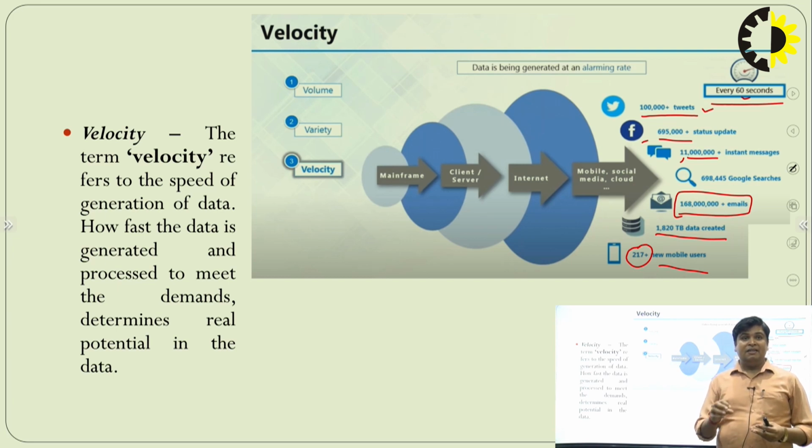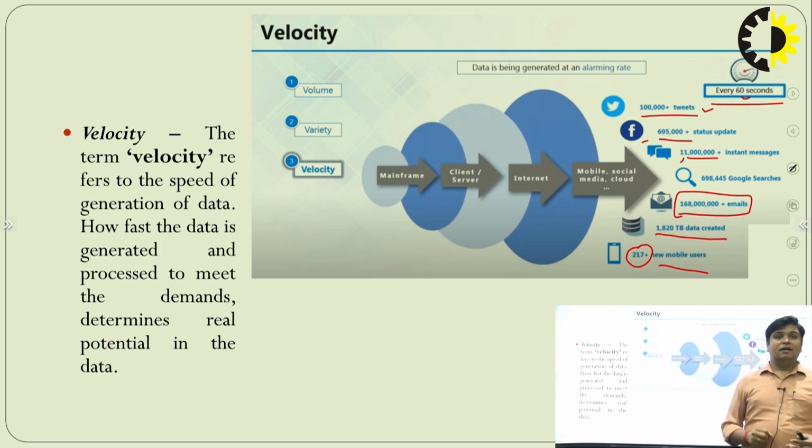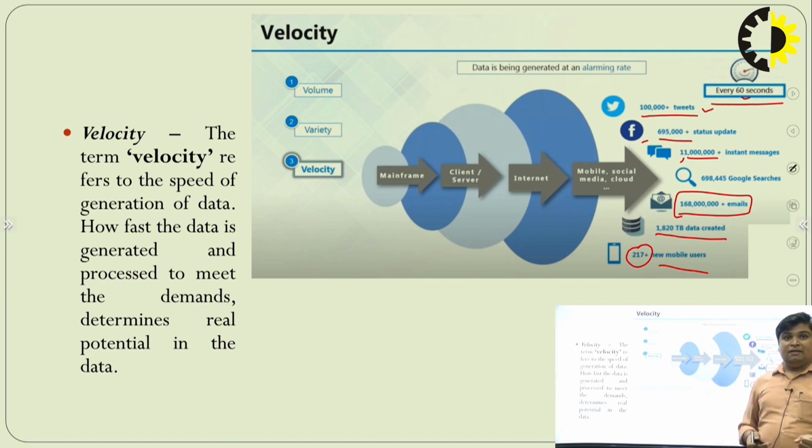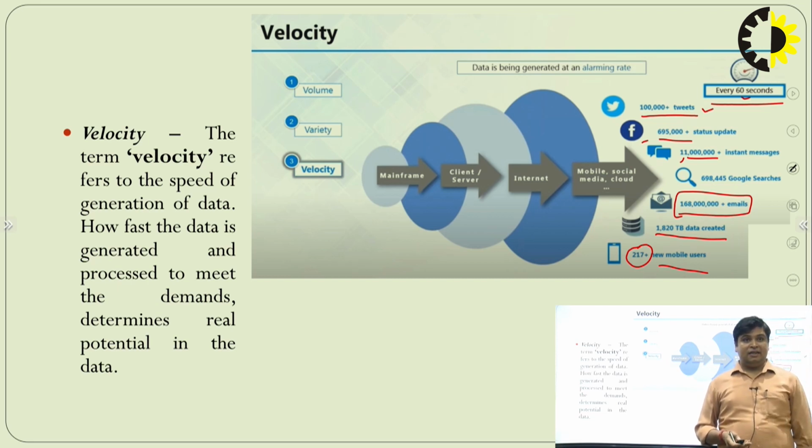How can we compete with the speed of both sides, for storing the data, generating the data and analyzing the data? This is the gap. The generation of data is very fast, whereas the analysis of data is very slow. This is again an issue, and the main problem area for data scientists and engineers.